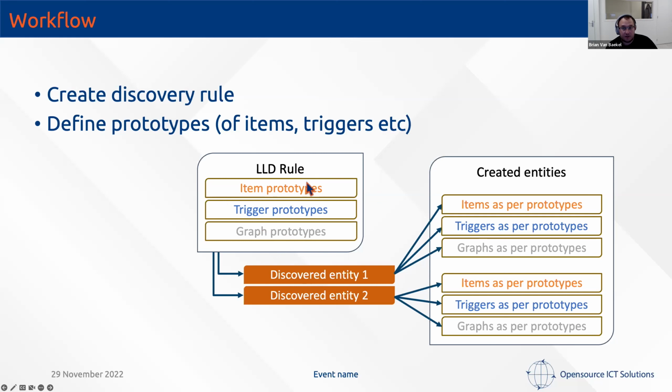This low-level discovery rule will start scanning, and hopefully it detects some entities. Once an entity is discovered, it will create the items as per prototypes, triggers as per prototypes, graphs as per prototypes, just for this entity. And then for the next entity, it will do the same thing, and for the next entity, the same and the same.